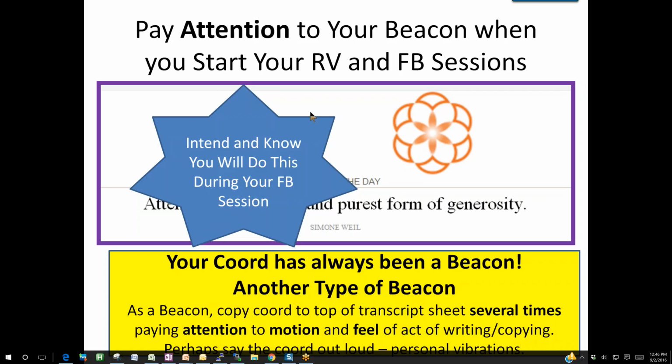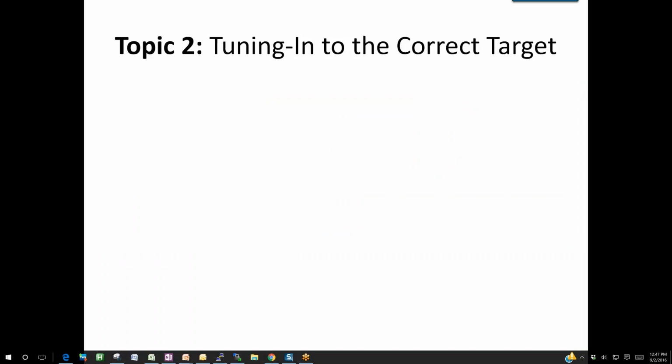So I think this is just so important to know that this technique will work. You're going to intend and know you will do this during your feedback session. This intention, attention, expectation, all of these are being done both at the remote viewing and the feedback session.